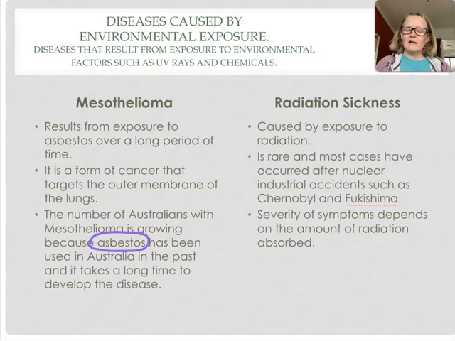And that's an Australian problem because lots of asbestos was used in buildings over the years. And radiation sickness, caused by exposure to the fallout from maybe a nuclear attack or a failed nuclear power plant, like when Fukushima in Japan was hit by the tsunami and released a lot of radiation. It damages DNA and causes many, many symptoms.